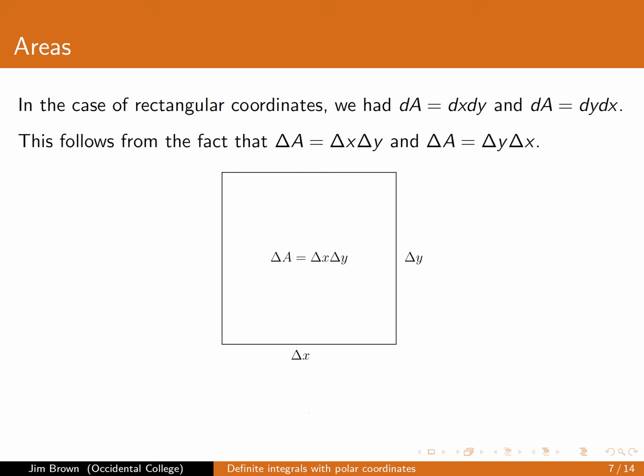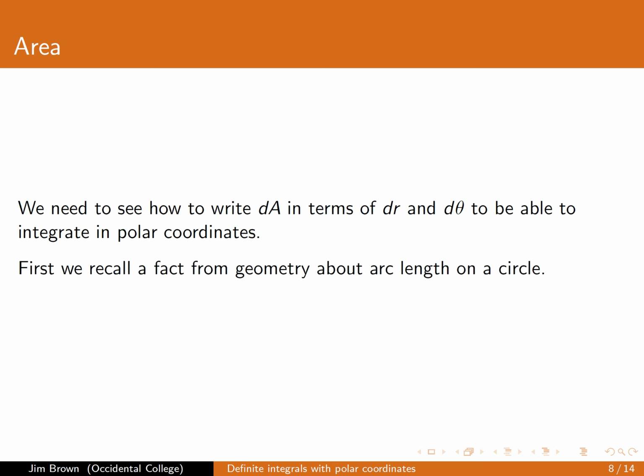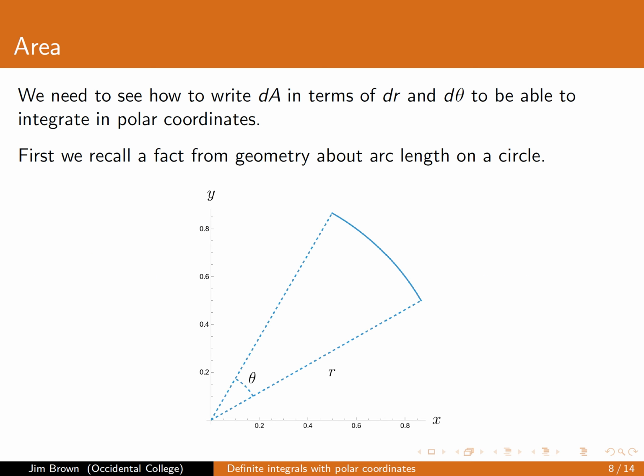Now if we want to do polar coordinates, we need to figure out how to represent delta A and approximate that with a little change in r and a little change in theta. To build up to this, which is not quite as obvious as for rectangular coordinates, we're going to recall a fact from geometry about arc length on a circle.